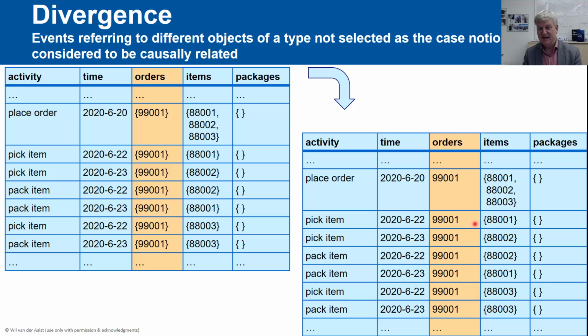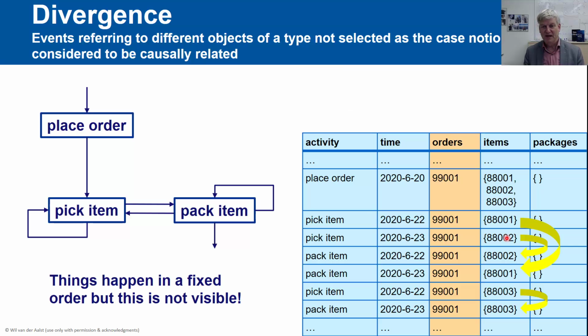However, please take a look at the items column, and we see that in our data for every item we first see place order followed by pick item followed by pack item, and then it ends. For every item there is a very clear order. However, if we apply process mining, we forget about the fact that there are these items, and this is what we see. For every item, we see the sequence place order, pick item, pack item.